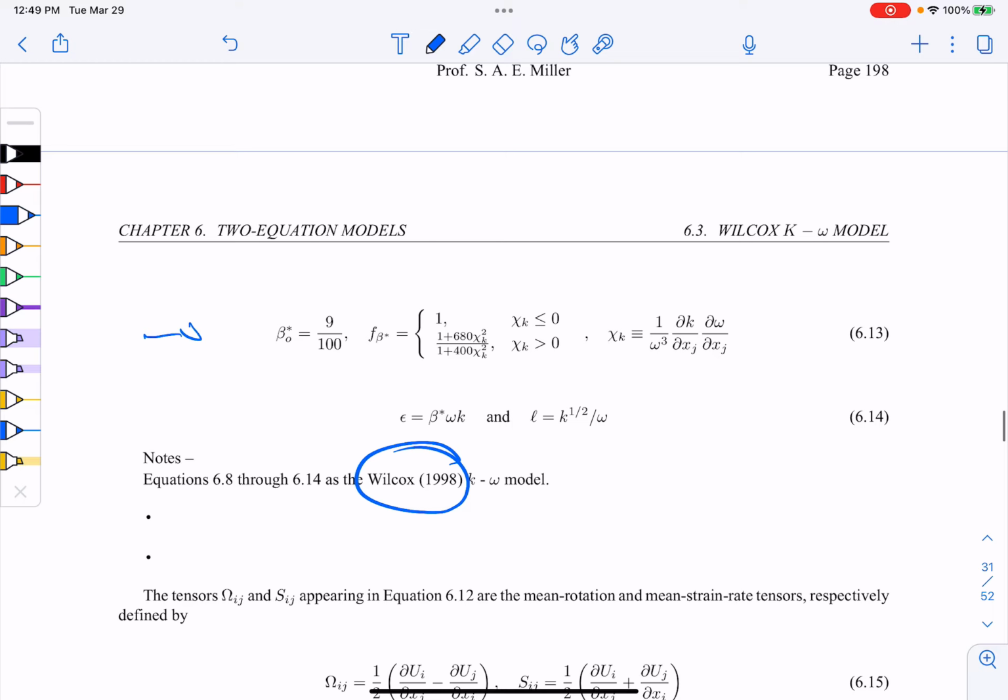Oh, and I should also note, this is also a compressible model.